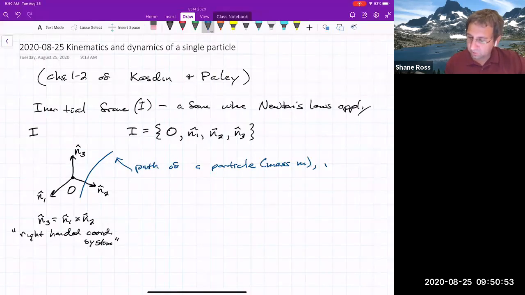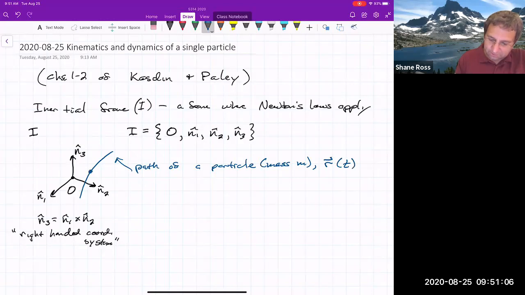And we'll use this notation for vectors. So this is r with an over arrow. So this is a vector that changes with time. So let's say at this point, this is r. It gives the location at that time.